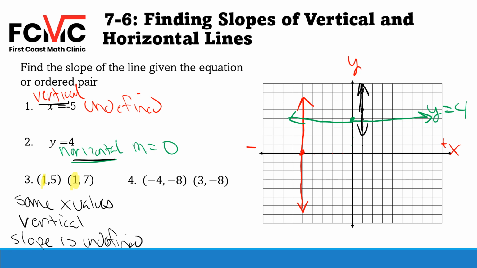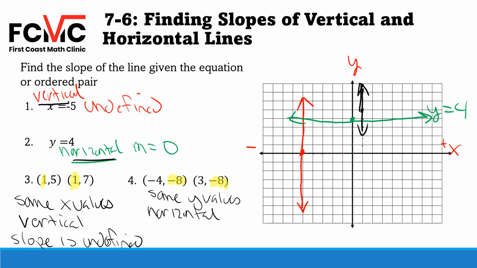That's number 3. And then number 4, we notice we have the same y values. Negative 8, negative 8. Since we have the same y values, this has to be a horizontal line.